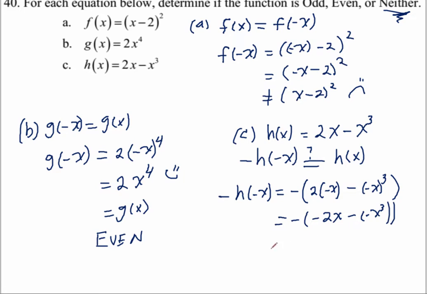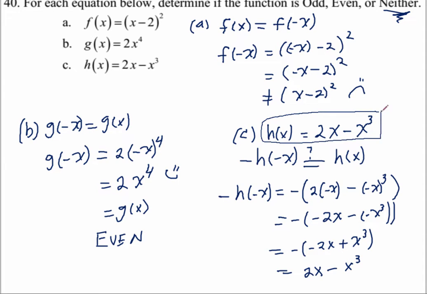Which gives me the opposite of negative 2x plus x cubed. And then I distribute that negative and I get back 2x minus x cubed. Was that our original function? Did we come back to h of x? The answer is yes, we did. So since it passes the test of being symmetric to the origin, it is an odd function.